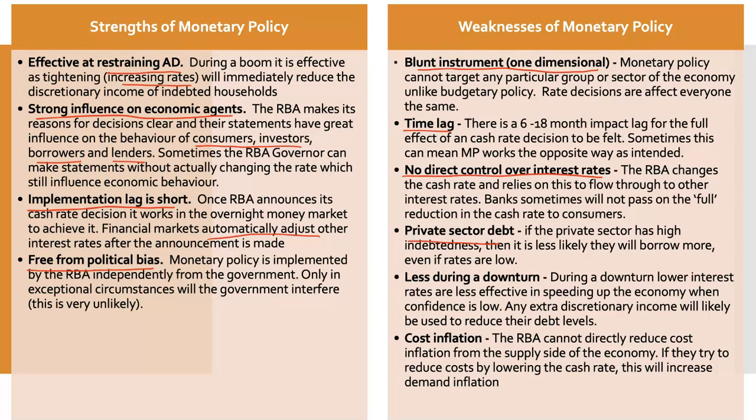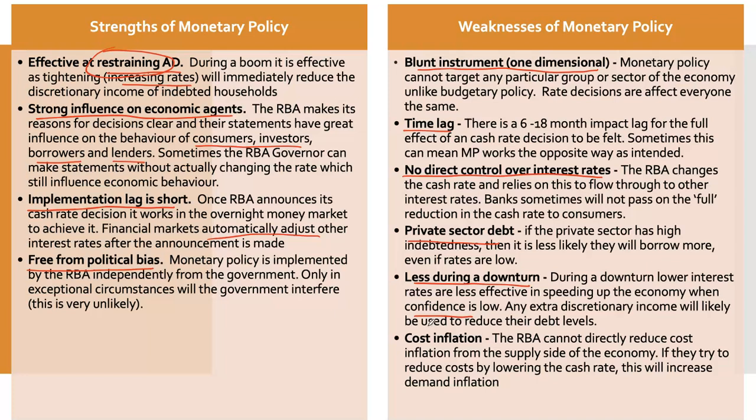So we might say that the strength of monetary policy is that it restrains aggregate demand. It's not always effective at increasing aggregate demand. And this is what we're saying here. During downturns, lower interest rates are less effective at spinning up the economy because often there's other factors at play. Confidence is low.